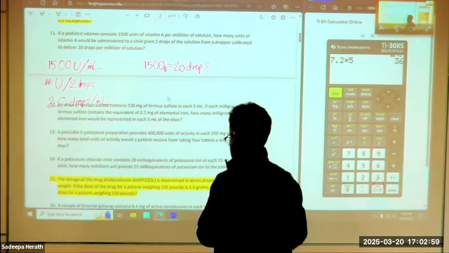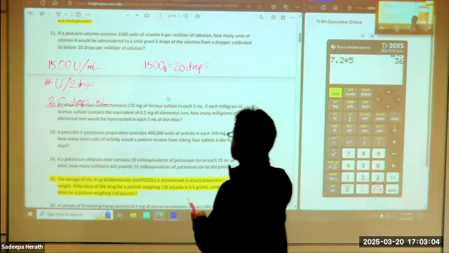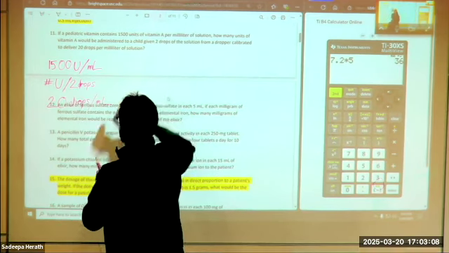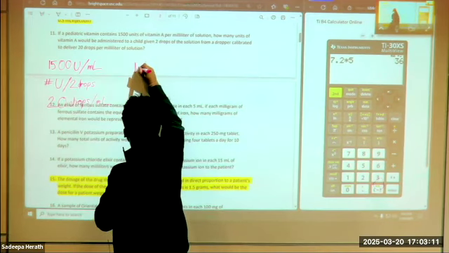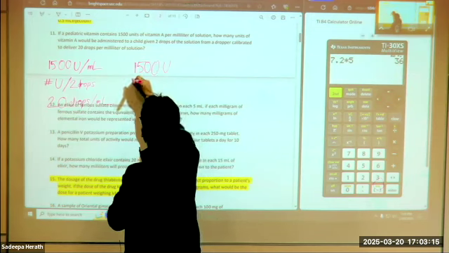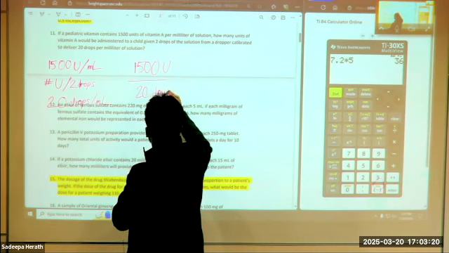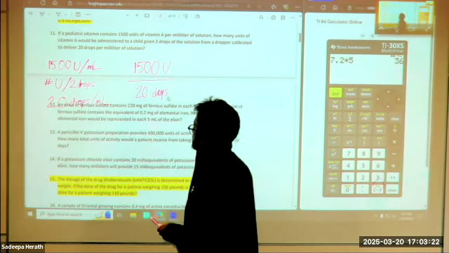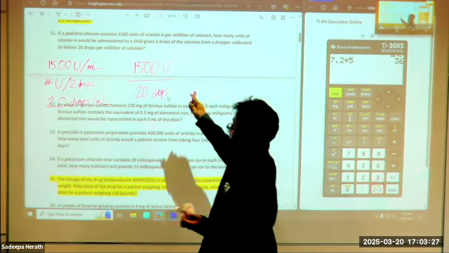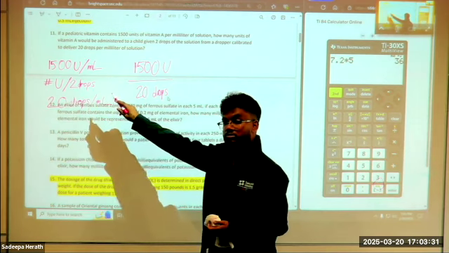Okay, let me just show it to you guys. So we have 1500 units. Let's start like this. This is our given. Oh, wow. That's the same proportion, units to drops, as what we're looking for.